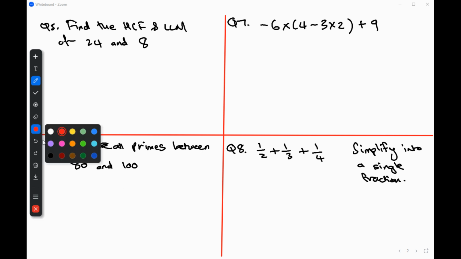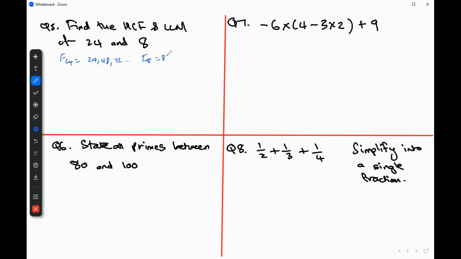All right, let's go through each of these now. In the first one, we're going to find the highest common factor and the lowest common multiple. So if I look at factors first, factors of 24, that would be like 24, 48, 72, etc. But factors of 8 will be 8, 16, and 24. And immediately you can see that 24 comes up first, right?